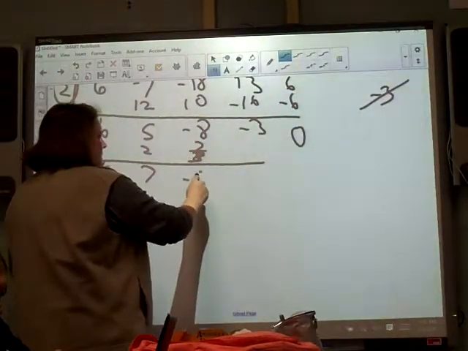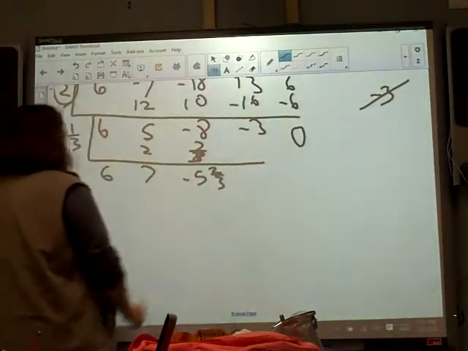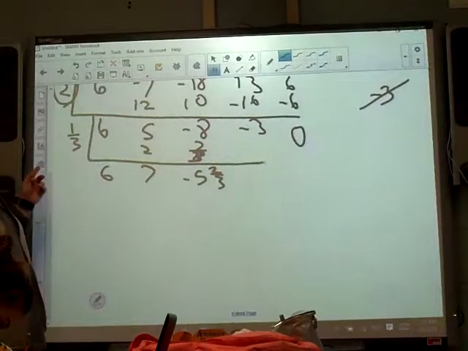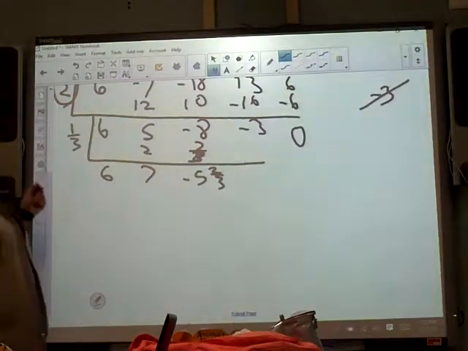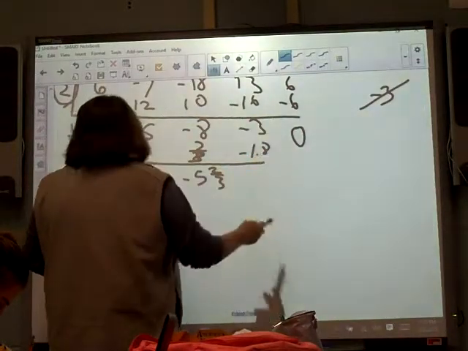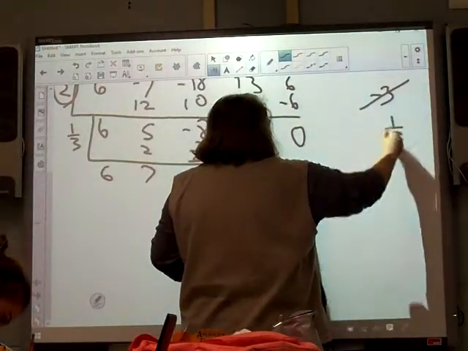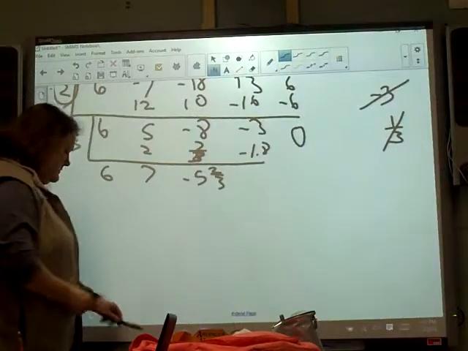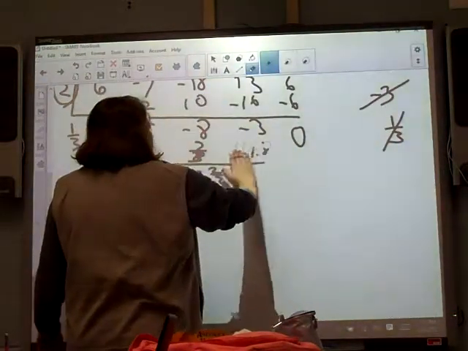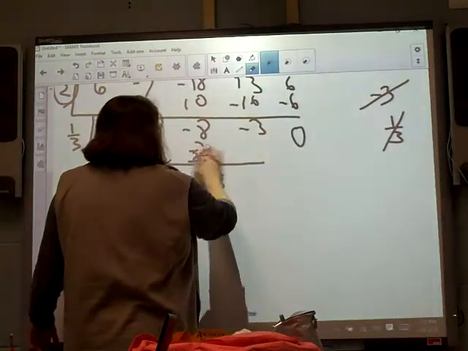Negative 5 and 2/3. Alright, that times 1/3 will be a negative 1.8888. Okay. No, that's not going to work. So 1/3 didn't work. Okay. You are catching up with first period now on the ones we've tried that didn't work.